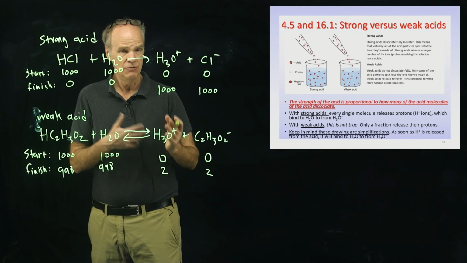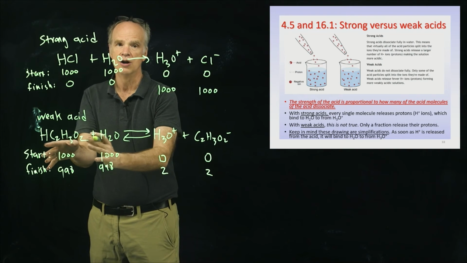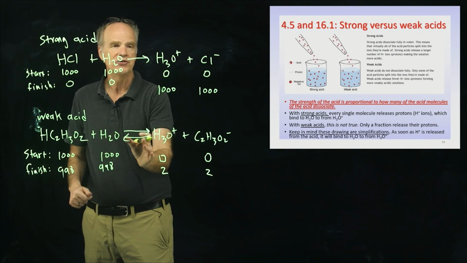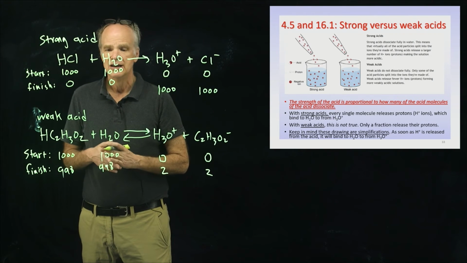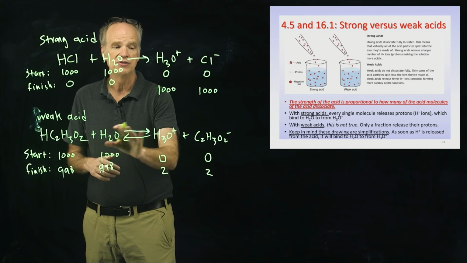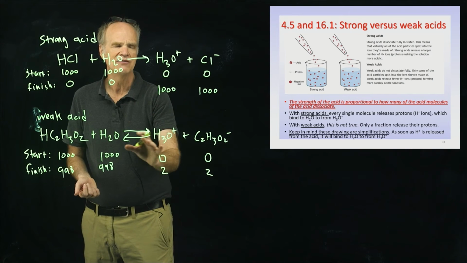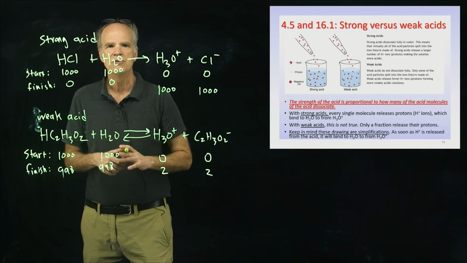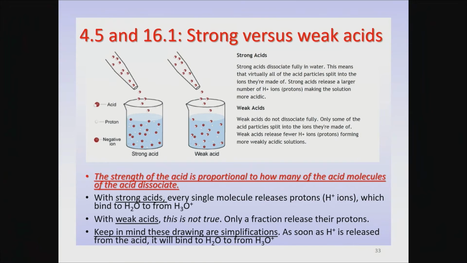And then they will start striking each other and reform the acetic acid and the water molecules. You can see by that process that this reverse reaction is in play. So the reason we use 2 arrows here is because not only do we have a forward reaction going on with a weak acid, but we also have a bit of a reverse reaction going on too.